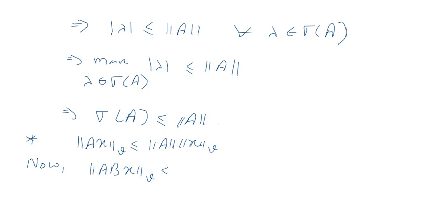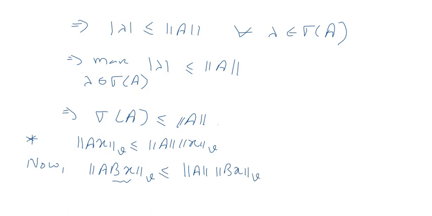First, Bx is a vector and applying A on it, this is less than or equal to the norm of A into the norm of Bx.